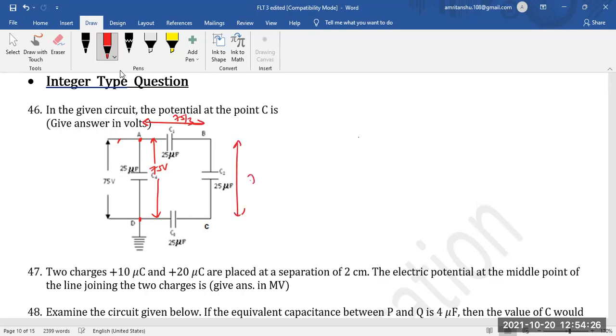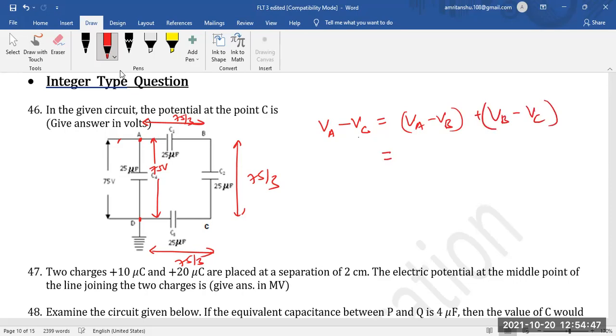This will also be 75 by 3, and across this will also be 75 by 3. So we know VA minus VC is going to be VA minus VB plus VB minus VC, which happens to be 75 by 3 plus 75 by 3.